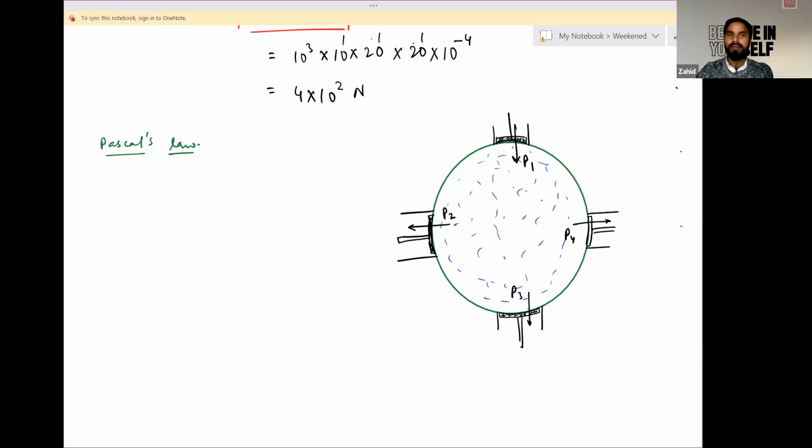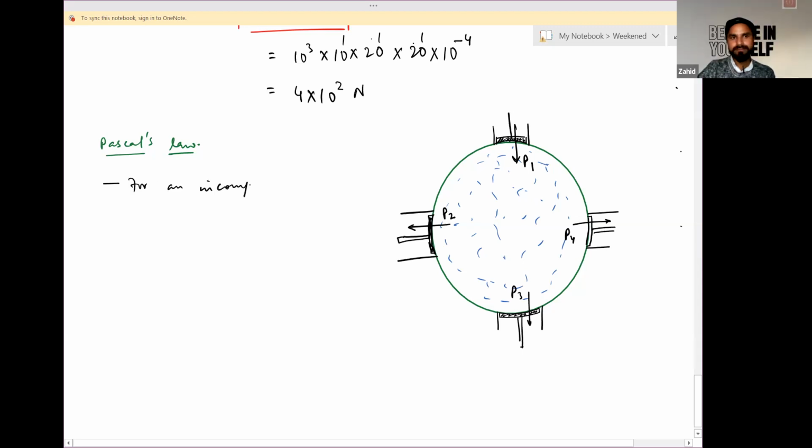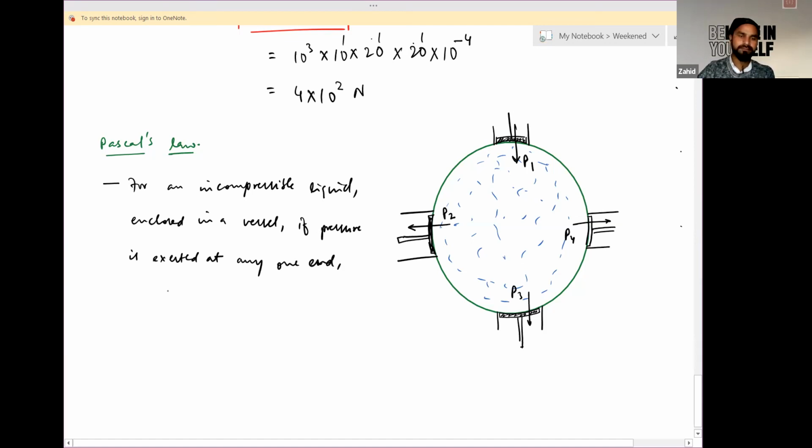Is it clear? Yes. So you will say: for an incompressible liquid enclosed in a vessel, if pressure is exerted at any one end, it gets transmitted in all directions without getting diminished.